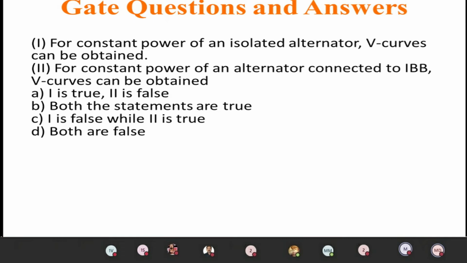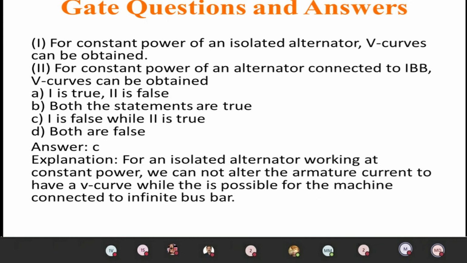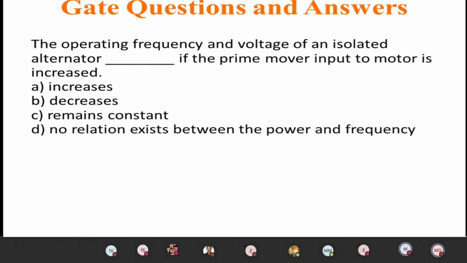While increasing the mechanical input, the armature current starts to increase. While decreasing the mechanical input, the armature current starts to decrease. So option C: for an isolated alternator working at constant power, we cannot alter the armature current to have a V curve, while it is possible in the machine connected to the infinite bus bar.